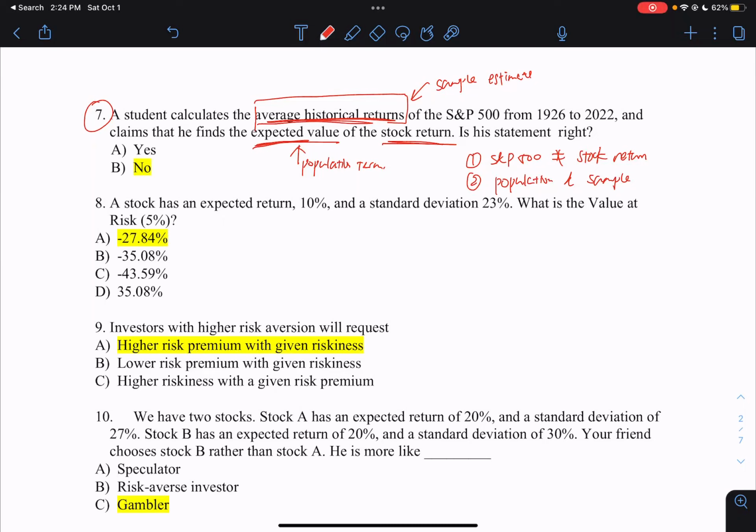So for example, in the practice problem in chapter 5, it just asks you to calculate the standard deviation. But strictly speaking, standard deviation should be based on the population probability distribution, like you have to know every state of the world. But usually people just say, okay, I get the standard deviation from the data.